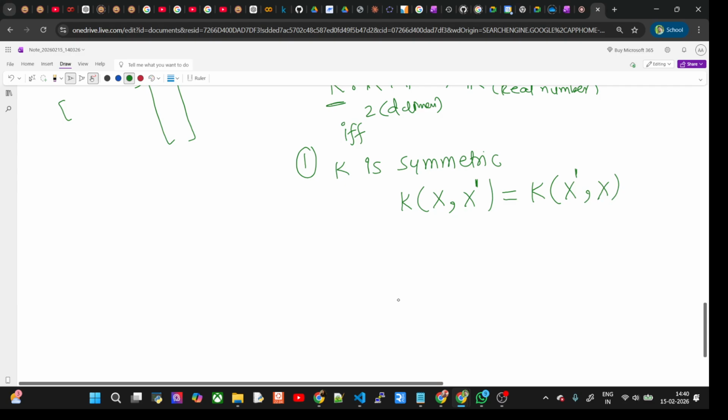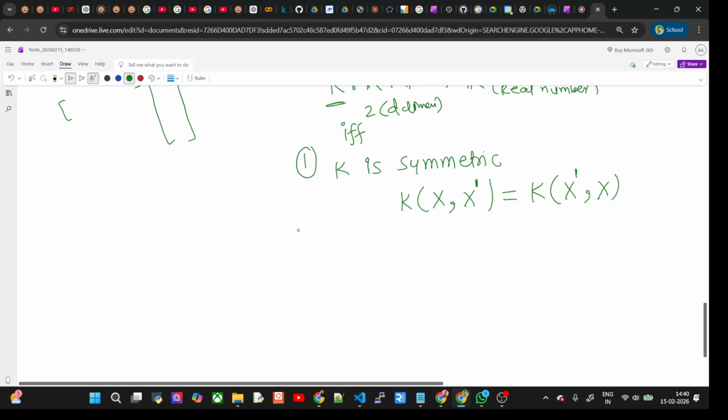If it is symmetric, then yes, it's a valid kernel. But there is another point. What is the next point that we will see?